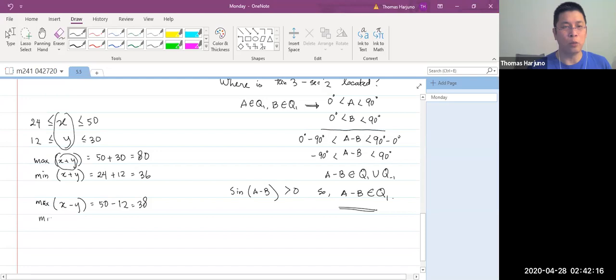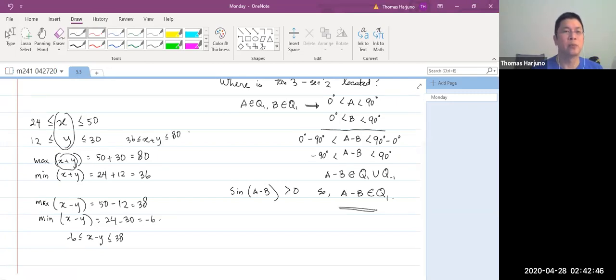While the minimum will be, you minimize the x and maximize the y. So x minus y must be between 38 and -6. x plus y must be between 36 and 80.